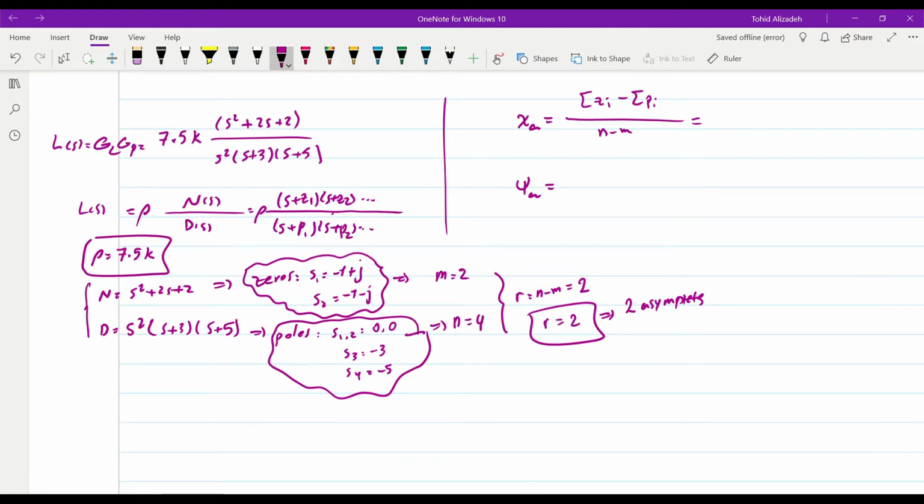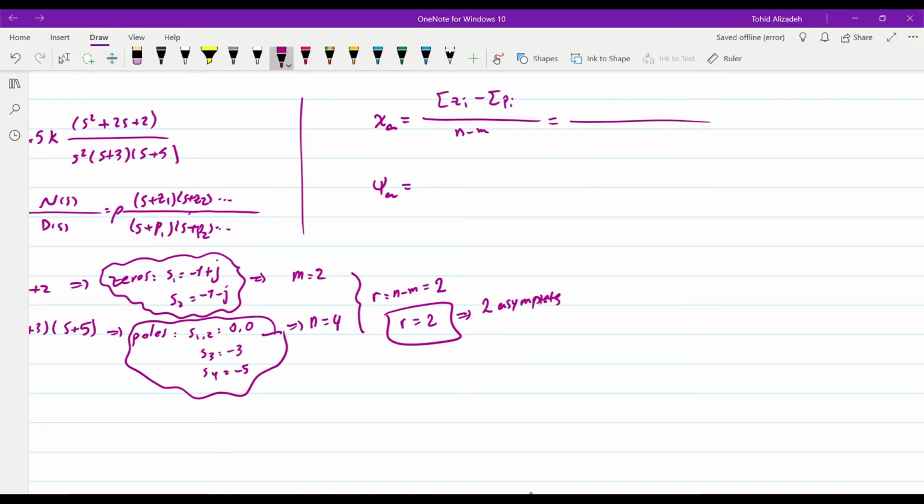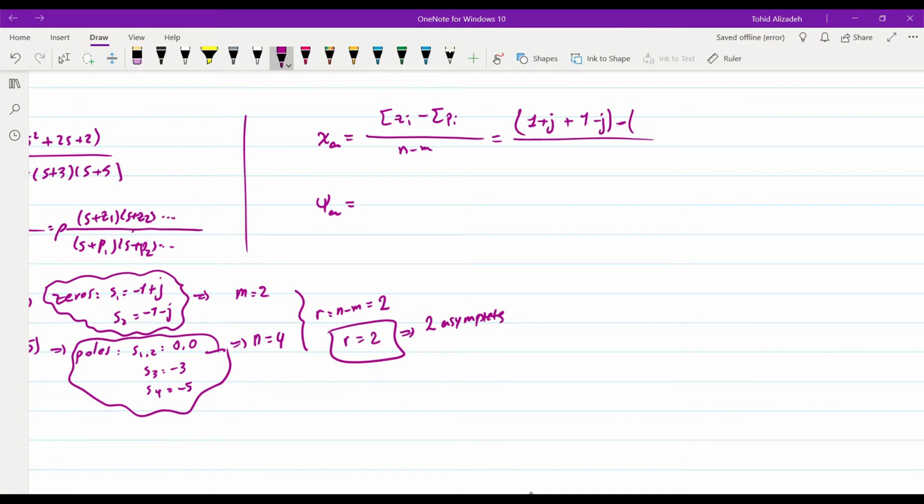So for the sum of the zi's, we will have minus 1 plus j plus minus 1 minus j, minus the sum of the pi's, which come from 0 plus 0 plus 3 plus 5, over 2. And this will be equal to minus 2 minus 8 over 2, or minus 3. So XA will be equal to minus 3, the point of abscissa.